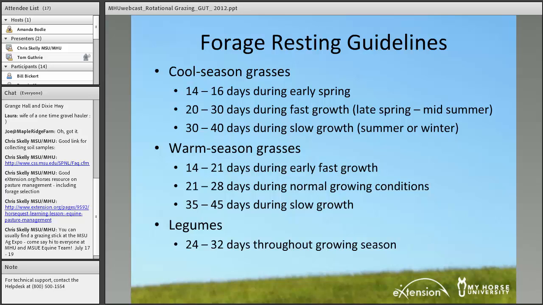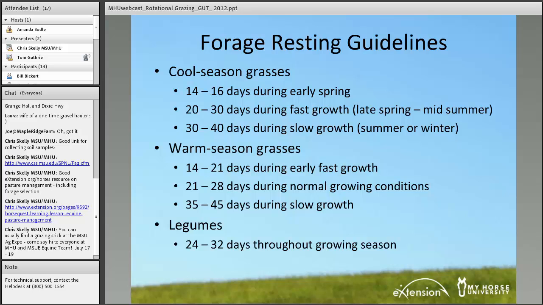So if we look at the cool season grasses, it's a 14 to 16 day resting period during early spring, compared to the warm season grasses where it may be 14 to 21 days during early fast growth. Okay, and then you can see the seasonal variations throughout midsummer or summer or winter during different times for those respective grasses. And then legumes, 24 to 32 days throughout the growing season.